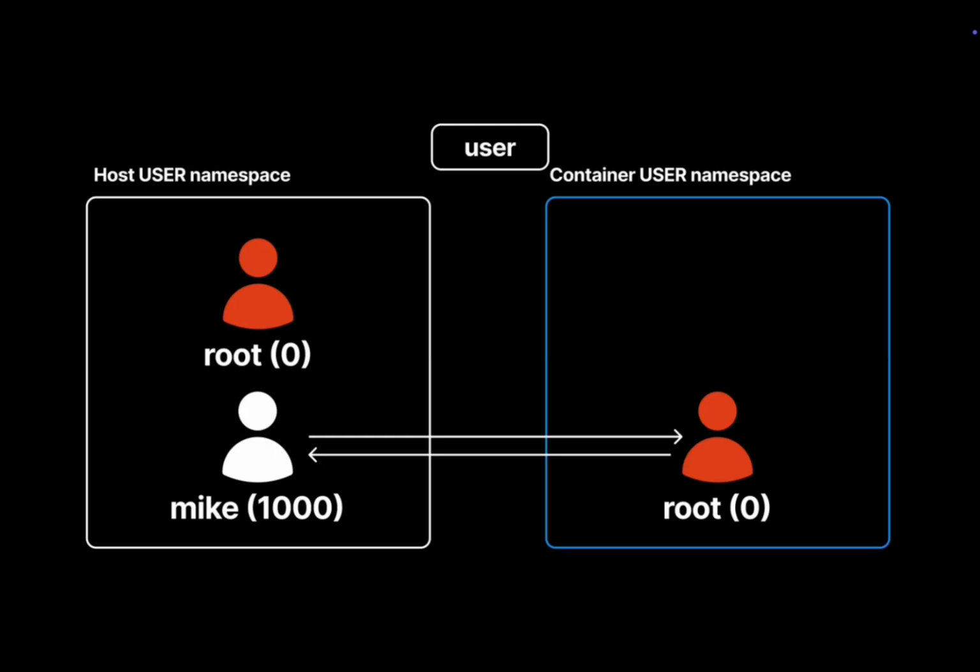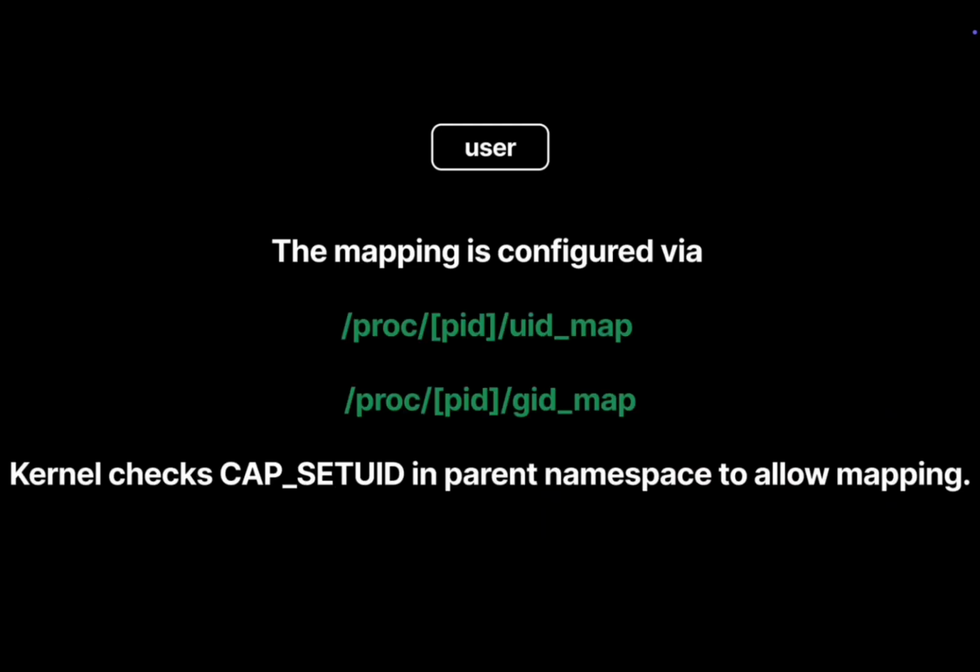A process can have root privileges inside its namespace, necessary for many applications, while having zero privileges outside. And this mapping is configured via /proc/pid/uid_map and gid_map. The kernel checks CAP_SETUID in the parent namespace to allow mapping.